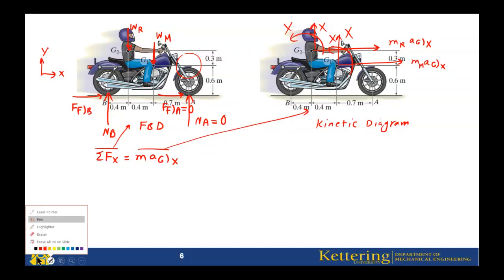The forces that we have along the x, we have this force only, the frictional force of B. If you look at this, it is the only force along the x direction. There is no other force along the x. We already have this one, but this one is 0. We have only this. Frictional force of B equals m a_Gx.